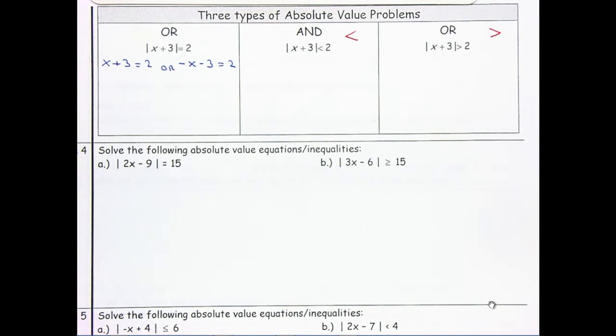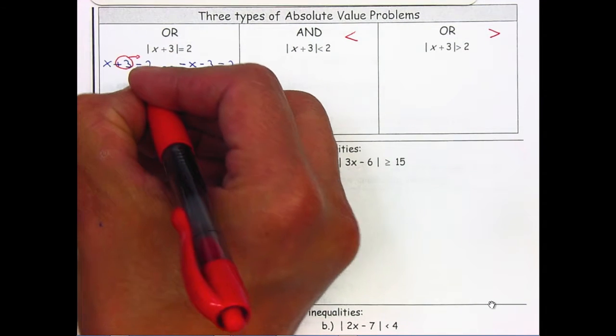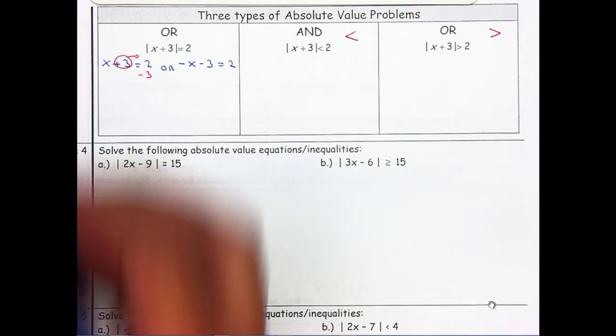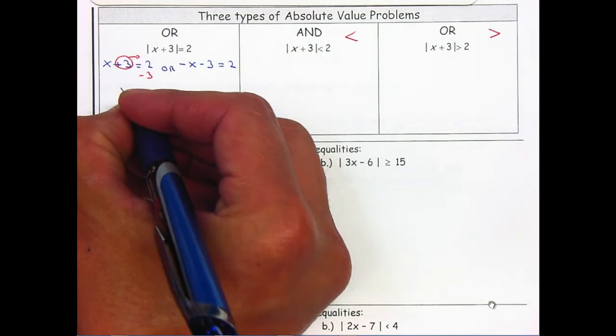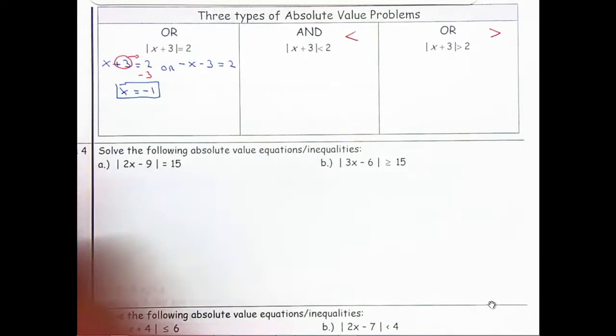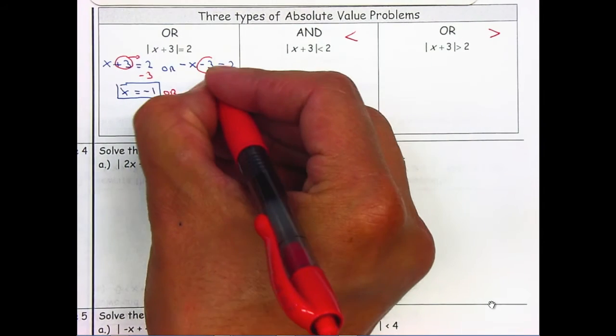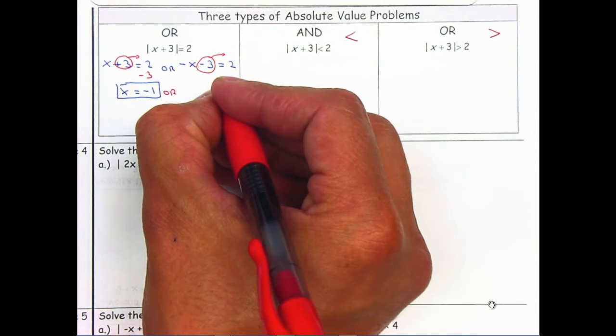And we just solve each of the equations. I'm going to move my 3 to the right, becomes a -3. In this case, I have x is equal to -1. Or, I'm going to move my -3, becomes a +3.